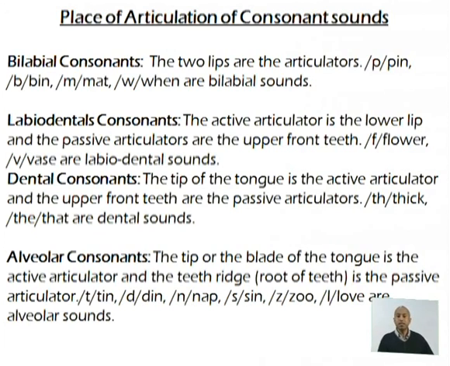So, the alveolar consonants, that's where we were. For alveolar consonants, the teeth ridge is the passive articulator and the active articulator is the tip of the tongue. For example, we have T, D, N, S, Z, L. Z as in zoo.